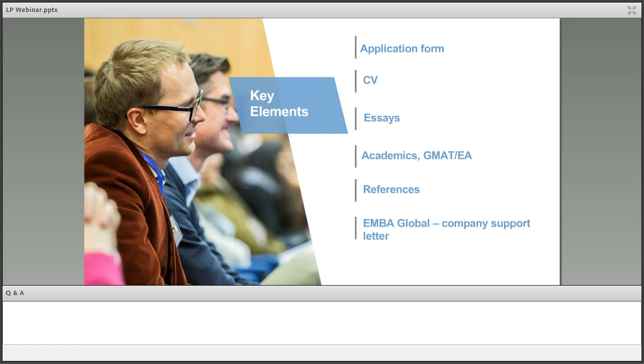And the partner schools, Columbia Business School and the University of Hong Kong, can see your application just as we can in London. I do want to add though, because EMBA Global is such a commitment, with basically 3 or 4 days off every single month over the period, and the opportunity to do electives in 3 schools, this does require a lot more commitment, and therefore we ask for a company support letter.